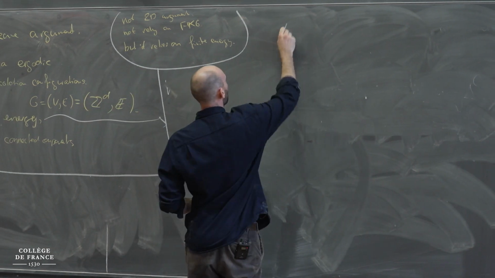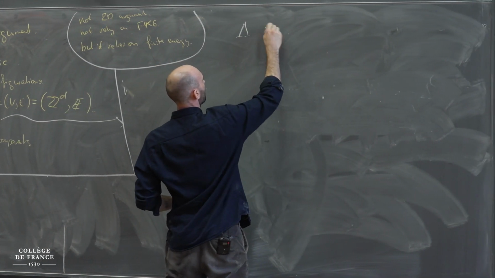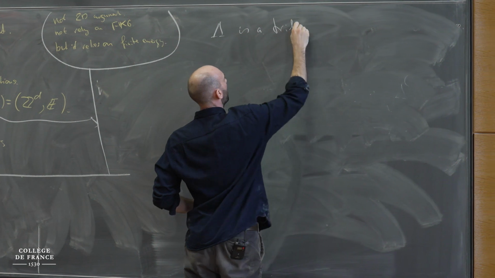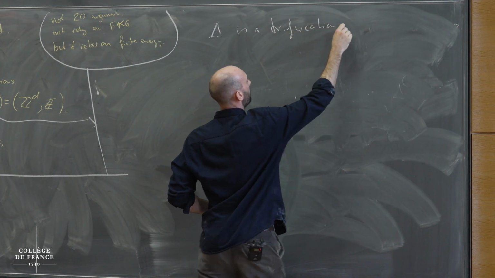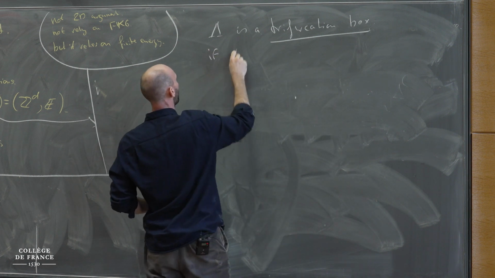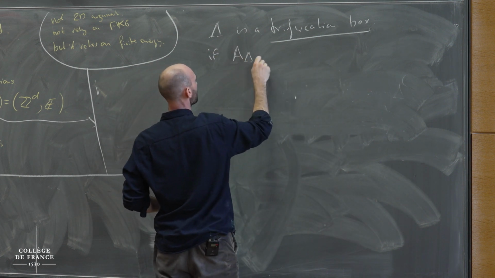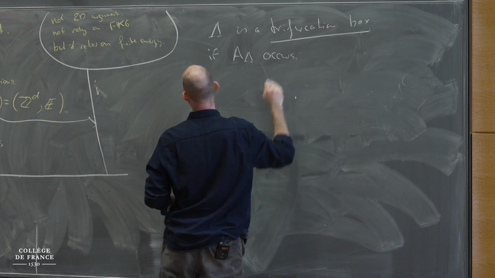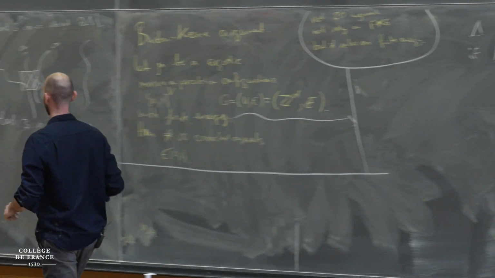So we say that lambda is a trifurcation box if A lambda occurs, right? So, okay, now we just call this event A lambda.